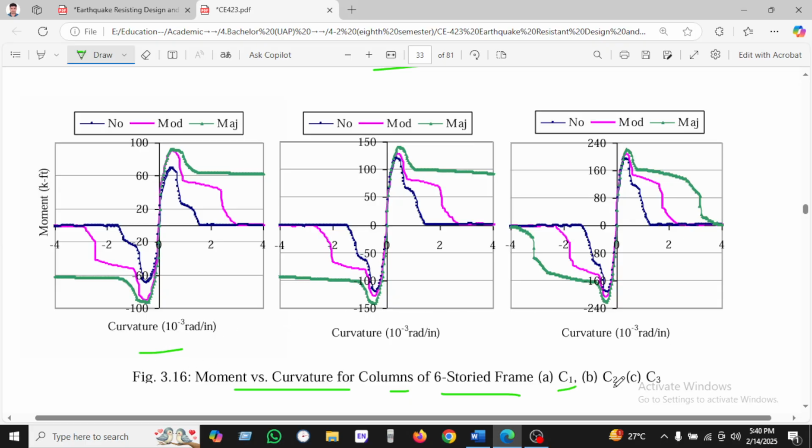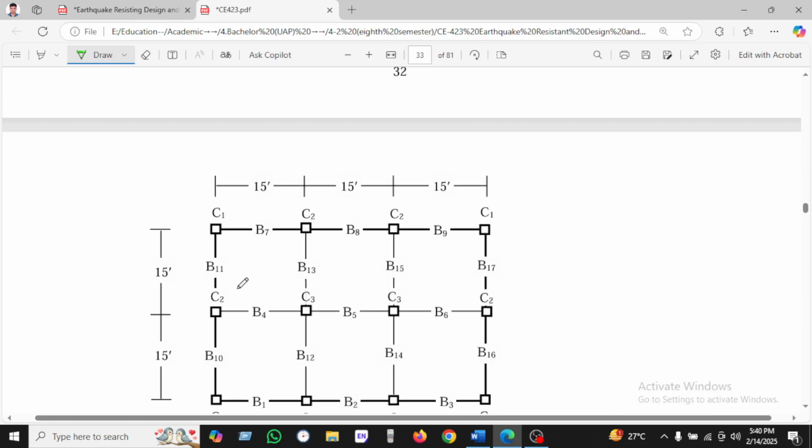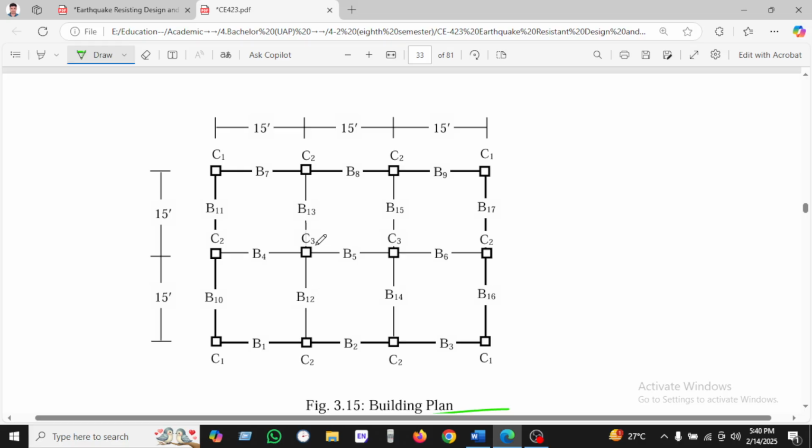This is C1, this is C2, and this is C3. C1 is the corner column, C2 is the side column, and C3 is the middle column.